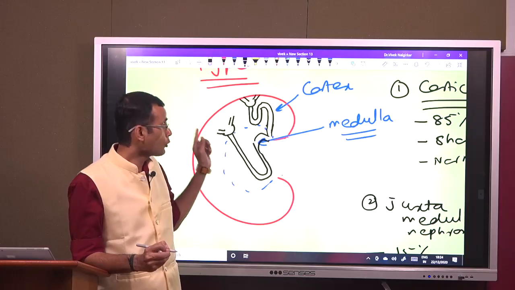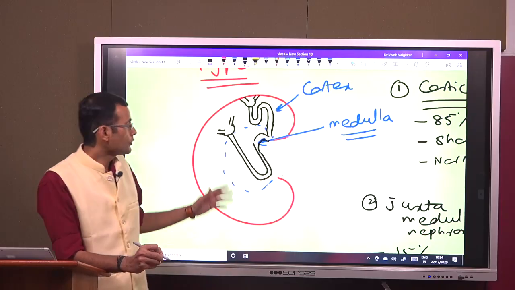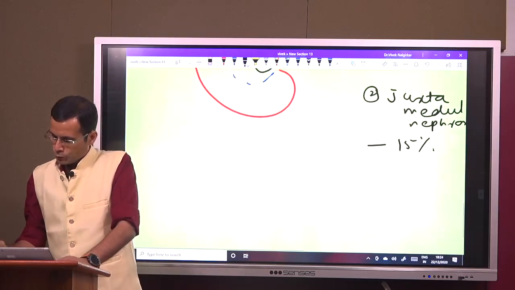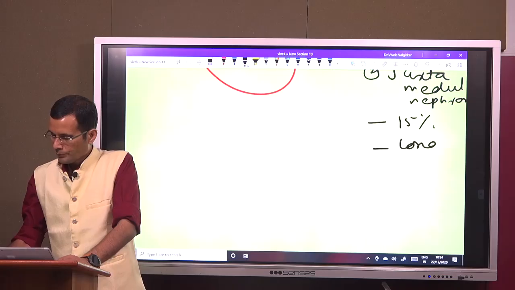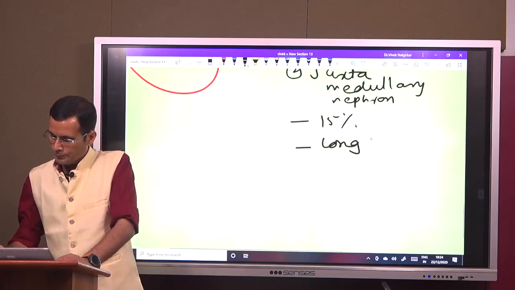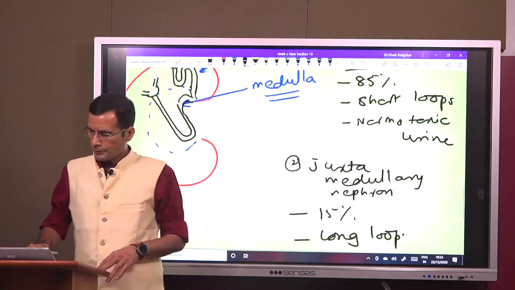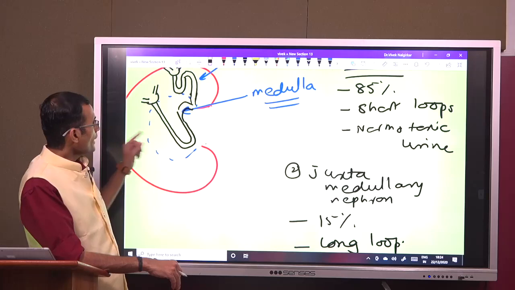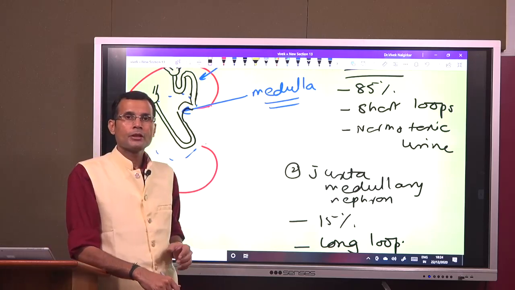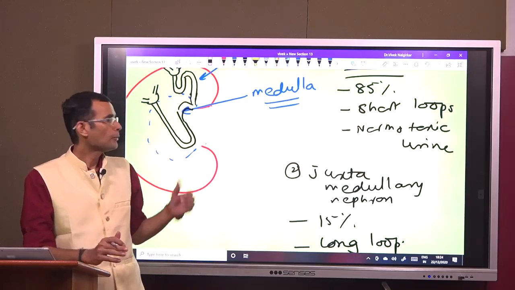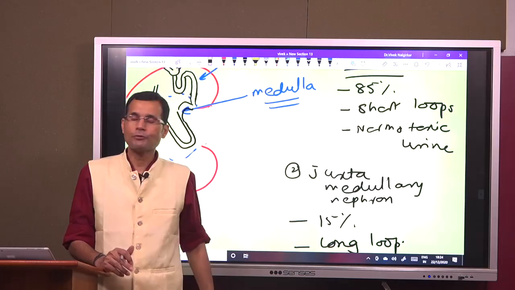That should be understood. They have long loops which come all the way into the inner medulla. So, let's write it down. Juxtamedullary nephron has long loop, and the most important part is that the concentrated urine is formed by these 15% nephrons.